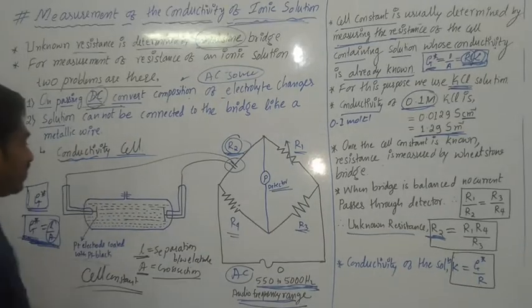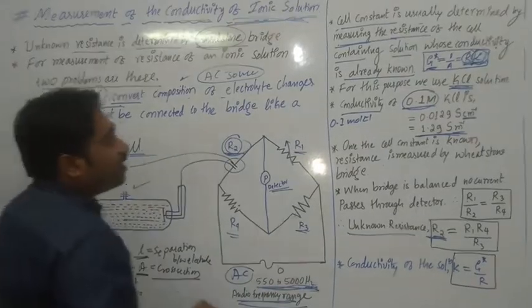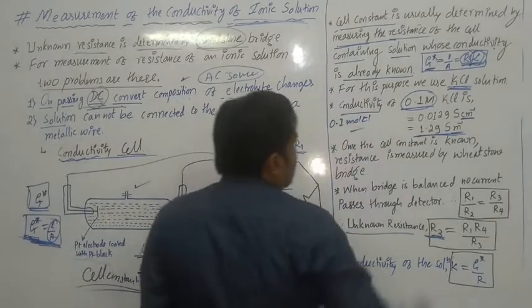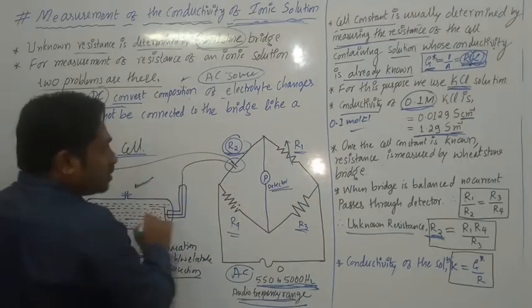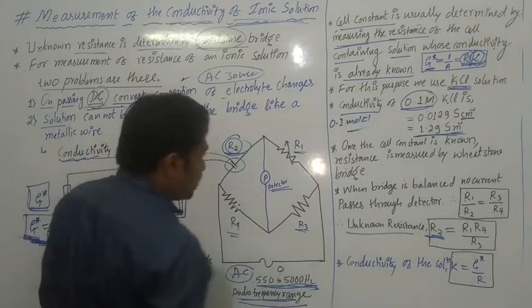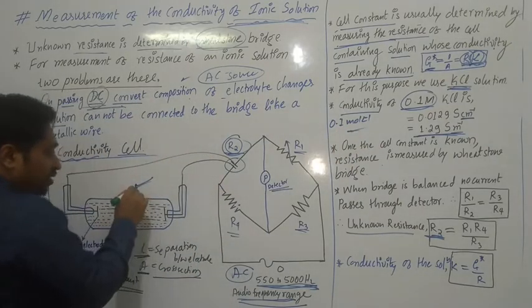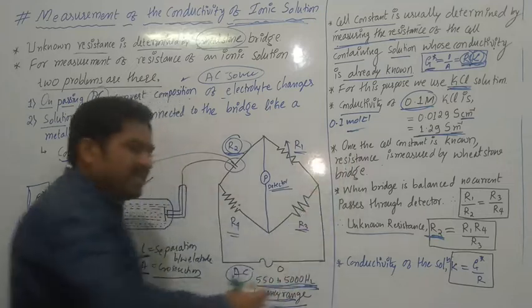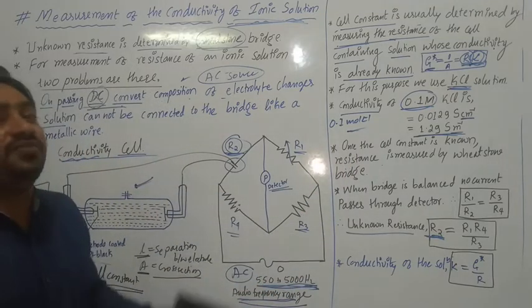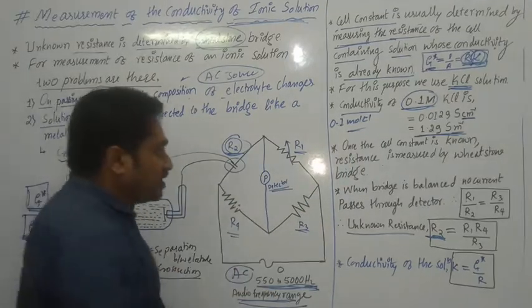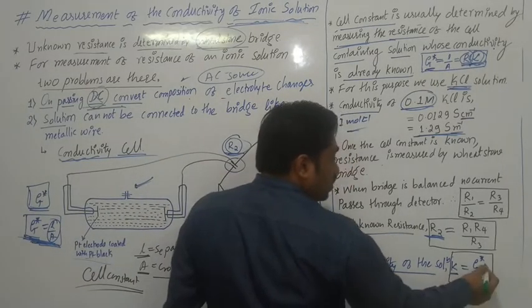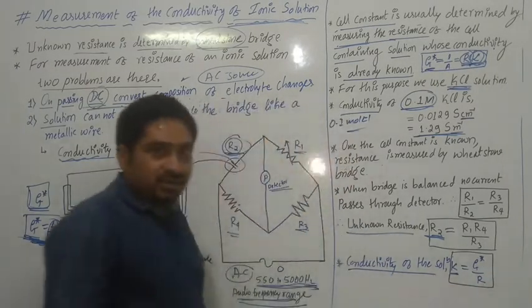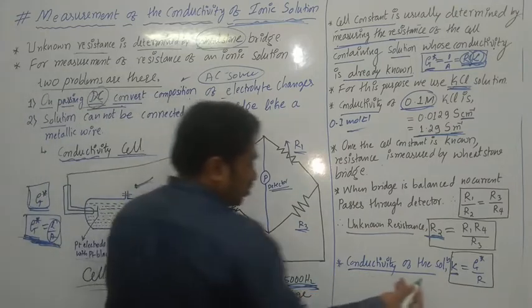If the resistance of the electrolyte solution is known, and we already know the cell constant, then by using the value of resistance and cell constant, it is very easy to calculate the value of conductivity. So what is the formula? Conductivity of the solution, kappa, is equal to G star divided by R. G star means cell constant.